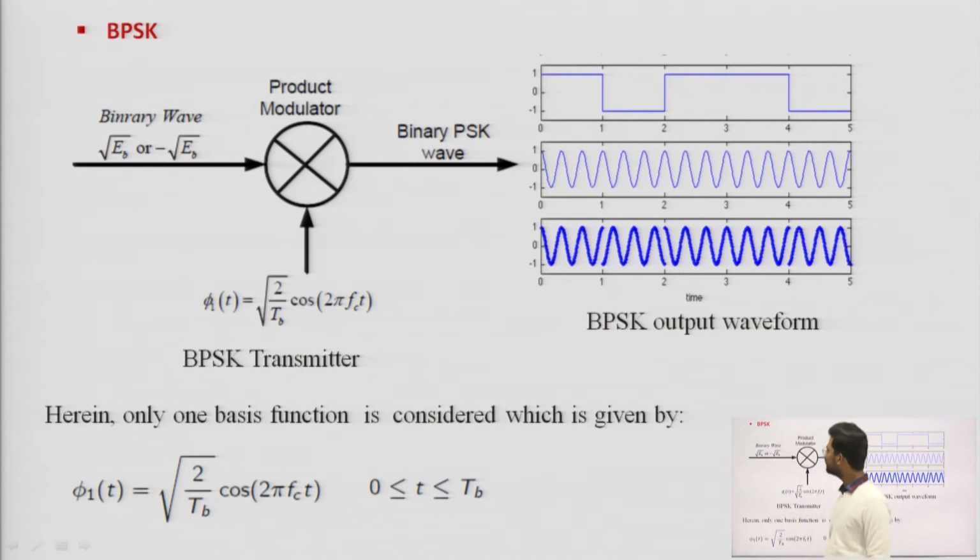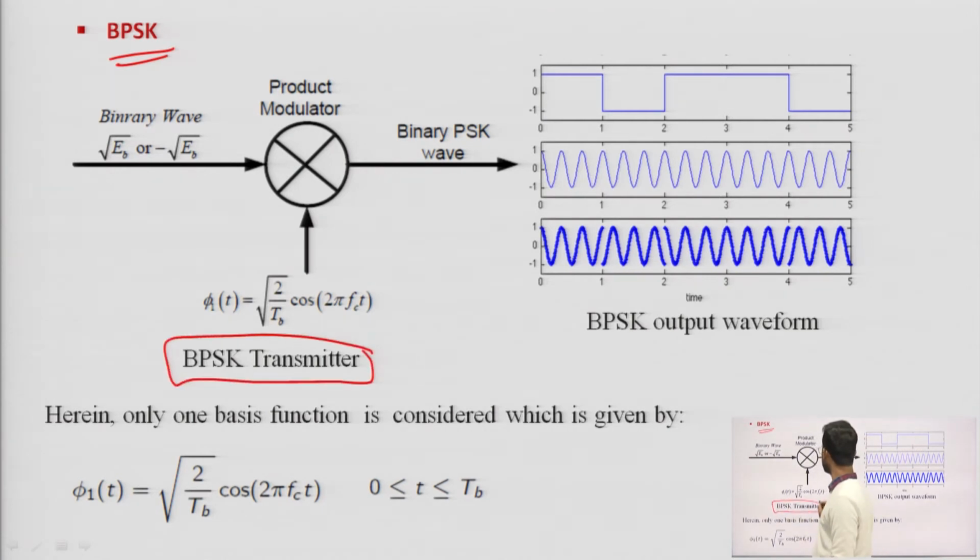Now this is the simple BPSK transmitter, where a product modulator is there. What is the function of the product modulator?